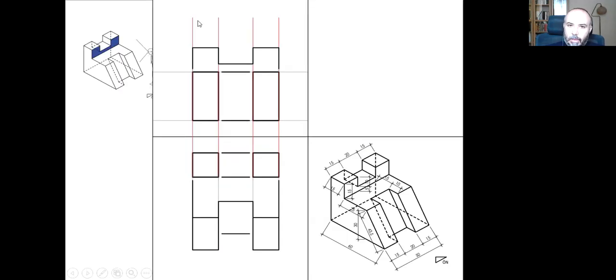Please do not forget that this is the front here. The man is standing in front, and this is his left side. So when the question asks us to draw the left side, this is the left side of the object.